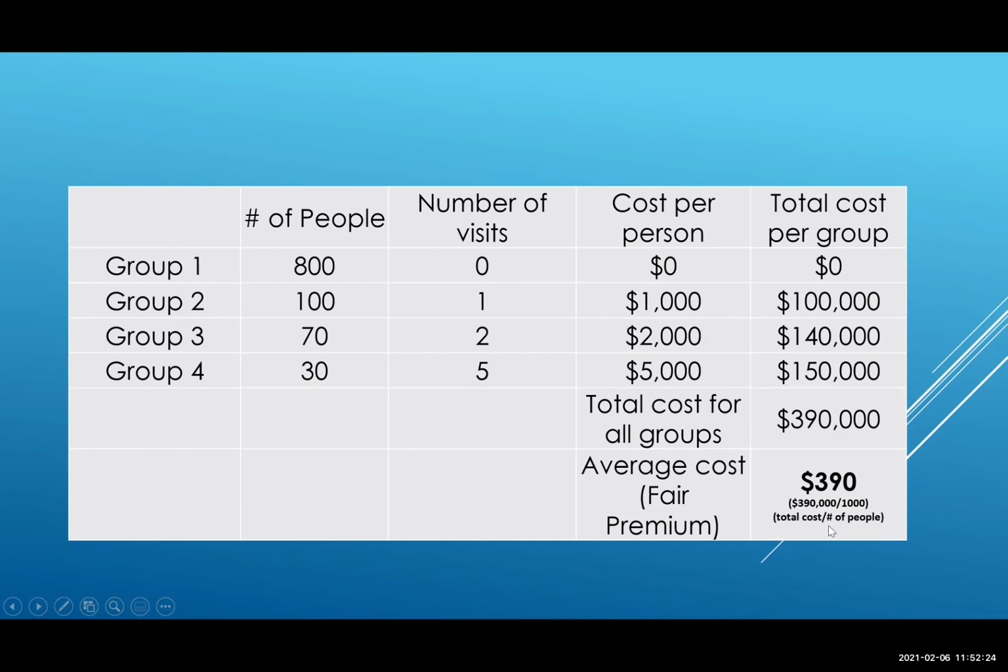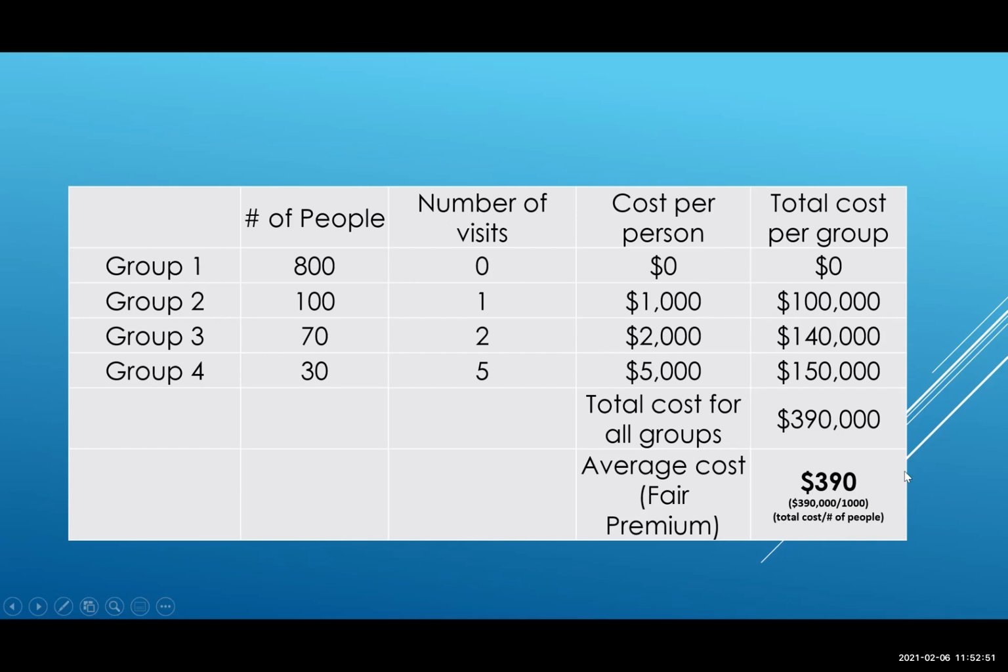So it's the total cost, figuring the number of visits, and then divided by the number of people. So here we have 1,000 times 100.